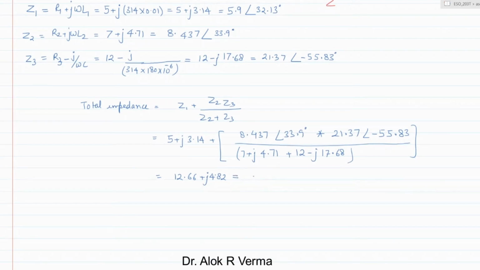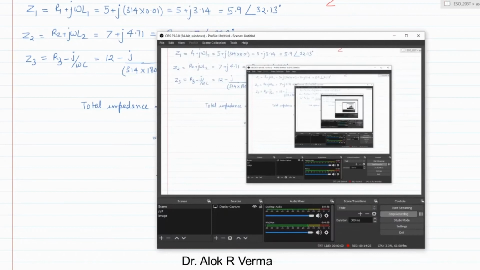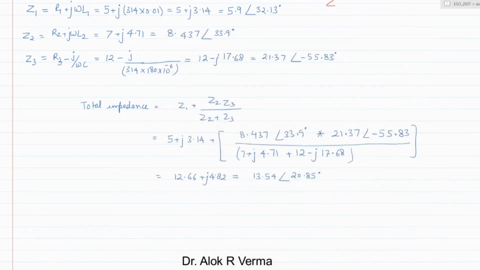If you write it in polar form, you get 13.54 angle of 20.85. So we have calculated Z.